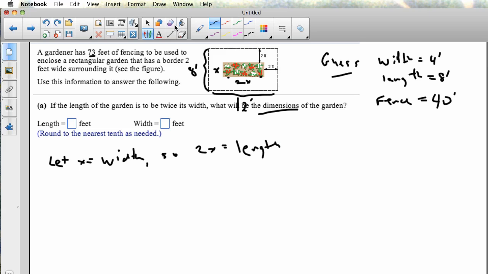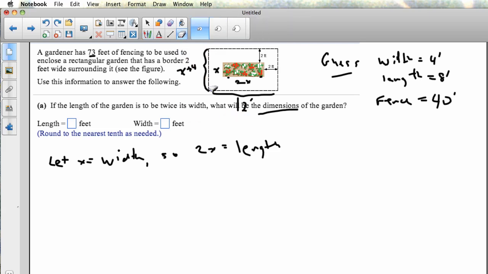Okay, let me go back to these other pieces that I put in. This x has a 2-foot cushion on this side and a 2-foot cushion on this side. So whatever this x is, I'm going to add 2 plus 2 to it. So I'm going to add 4 feet to my x to get this side.